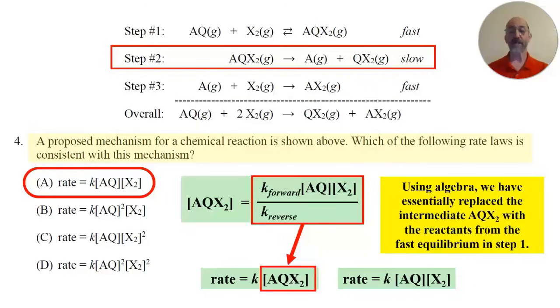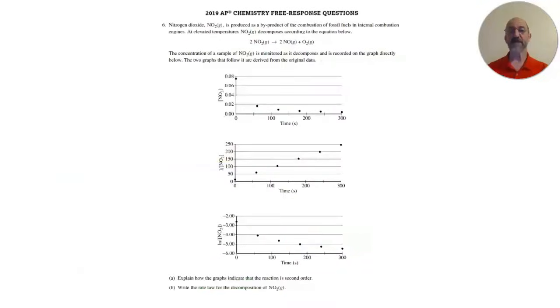Now, before we take a look at the next question in this packet, what I'd like to do is show you another similar problem that is related to topic 5.9. What I'm showing you on this next slide comes from the 2019 AP Chemistry free response questions, and this was free response question number 6.